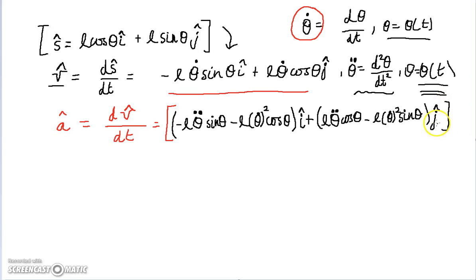So that's our acceleration vector. This looks like quite a lot of messy algebra, but you'll see it simplifies to something a lot nicer in a while.